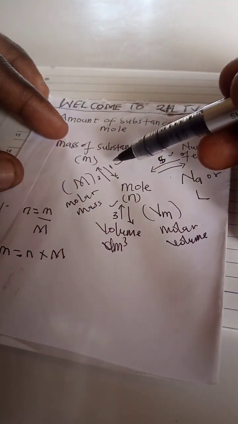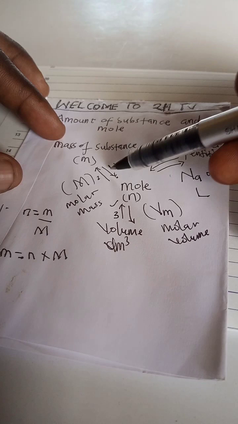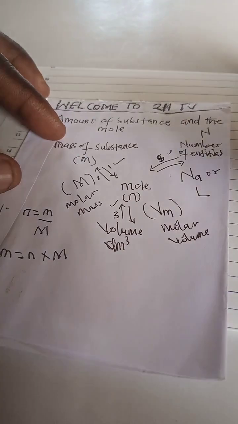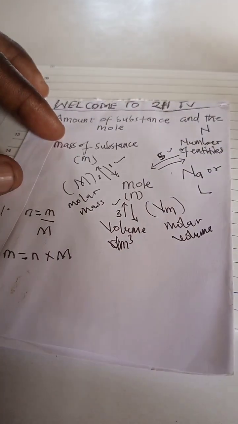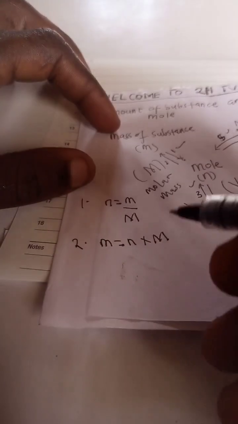So we are finding mole with 1, 3 and 5. Knowing 1, 3 and 5, you can find 2, 4 and 6. For 1, 3 and 5, where the direction of the arrows are, we divide. So let me try to derive the third one.